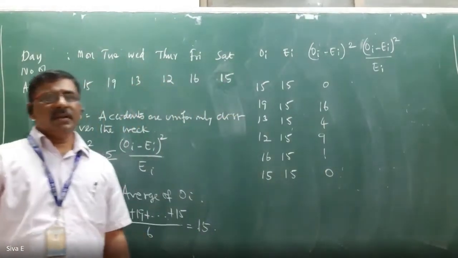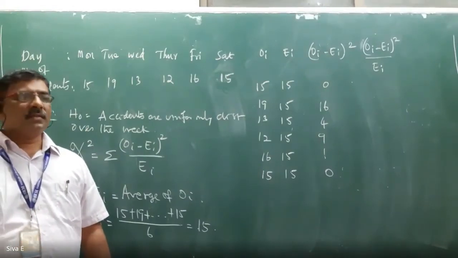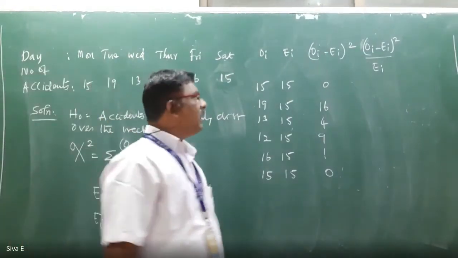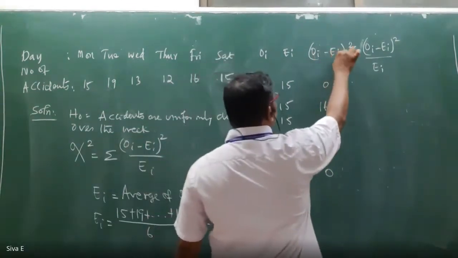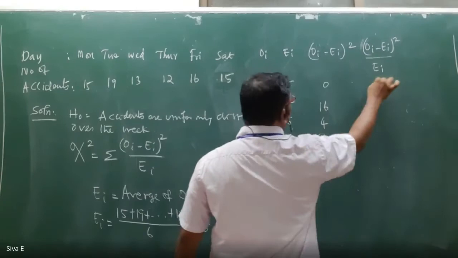Next one is (OI minus EI) whole square by EI. So what you get? 0 by 15 is 0.